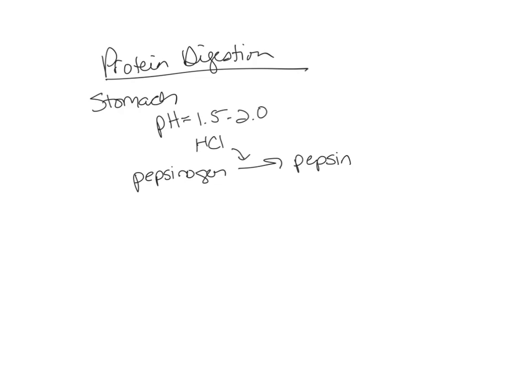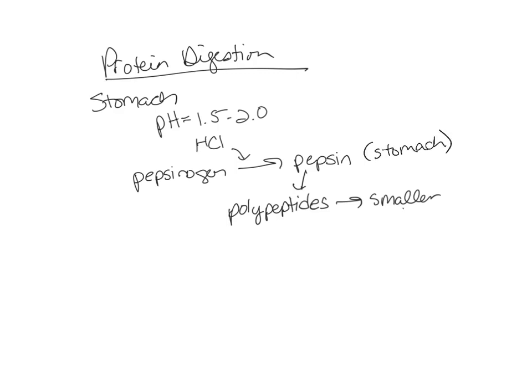Remember, pepsinogen is secreted by the chief cells. And pepsin then functions very well at a pH of 1.5 to 2.0. Pepsin breaks down proteins, otherwise known as polypeptides, into smaller peptides. So pepsin is from the stomach.